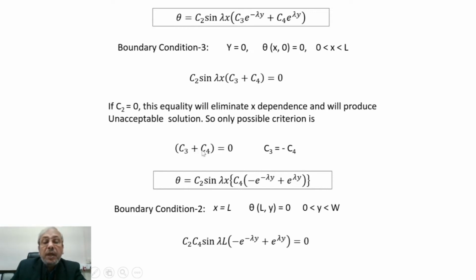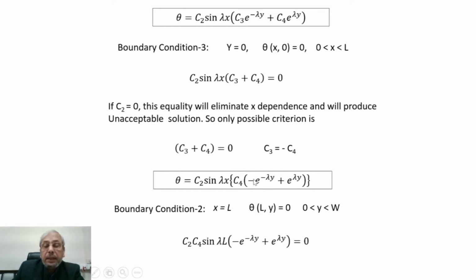So C3 plus C4 equal to 0. That means we can write C3 equal to minus C4. And then if we substitute C3 equal to minus C4 in this expression for theta, we can write theta equal to C2 sine lambda x into C4. We have substituted C3 equal to minus C4 and taken it outside the bracket.